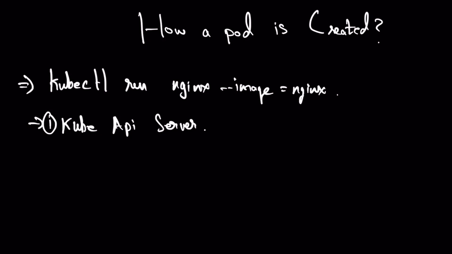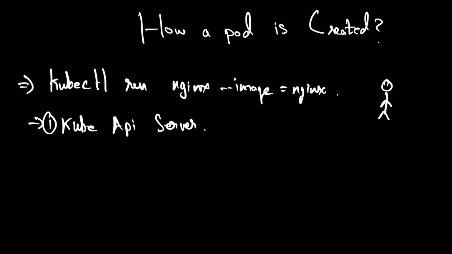And then it will also check if the particular user who is giving this command has enough permissions to create a pod in the cluster. It uses RBAC, role-based access control, and other mechanisms to understand if this user has the permission to create a pod or he has only permissions to view the pods. Based on that, it would accept or reject the request.